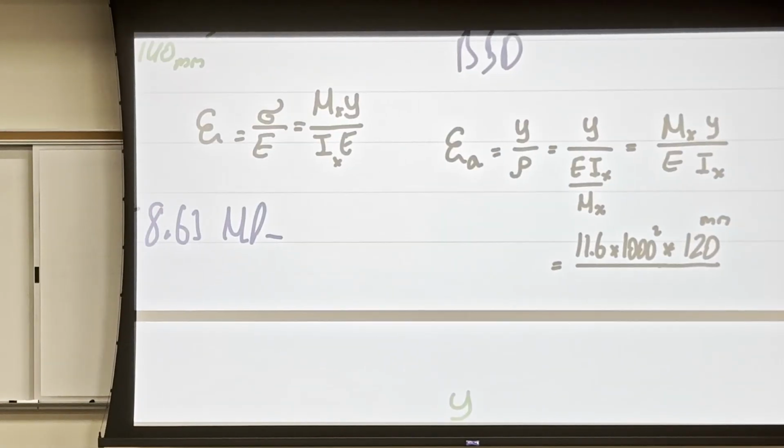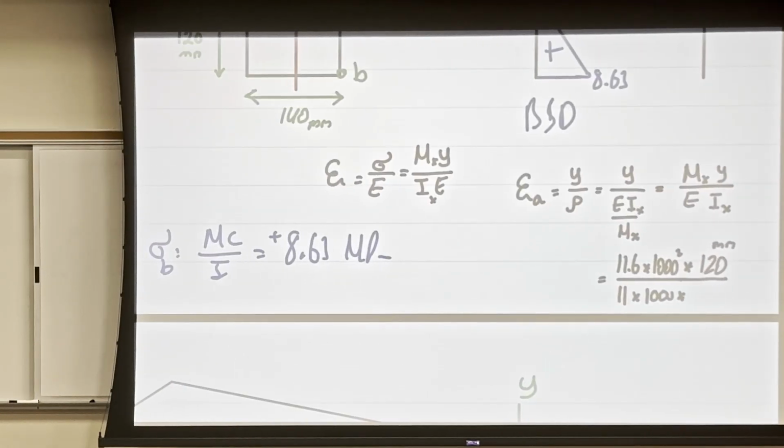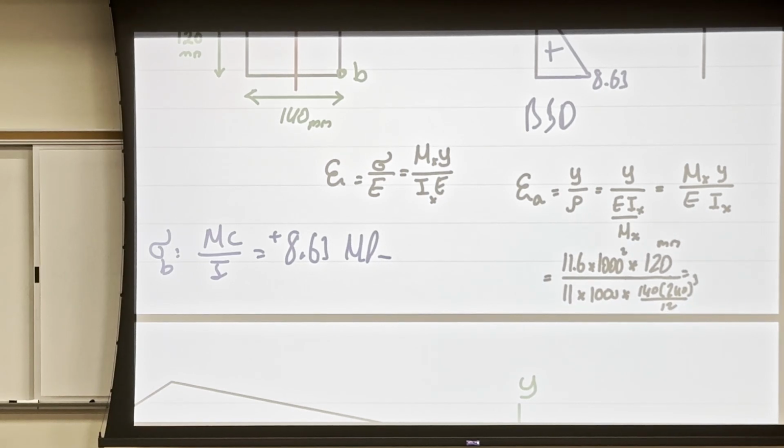So I'll put 11 down, multiply by 1,000 to convert the gigapascal to megapascal, which is Newton per millimeter squared, and then Ix, which is 240 cubed over 12. Now with this equation, I will get 0.003078.